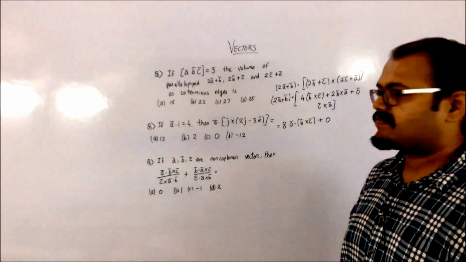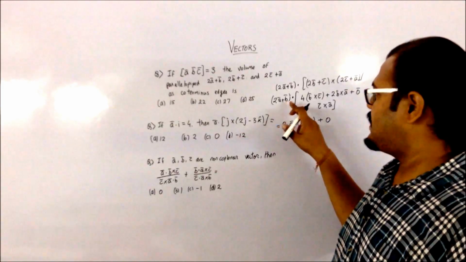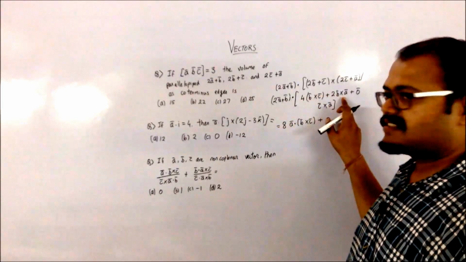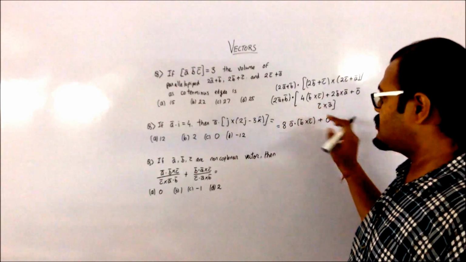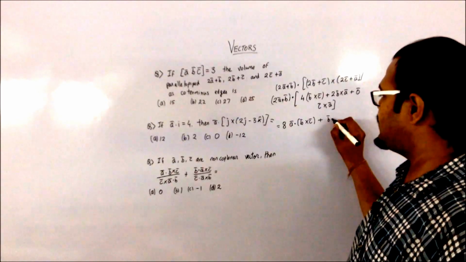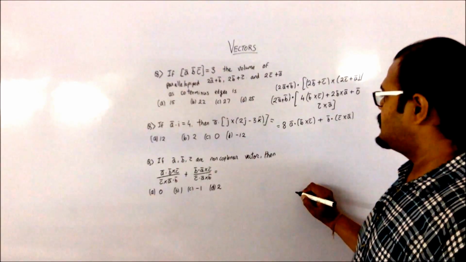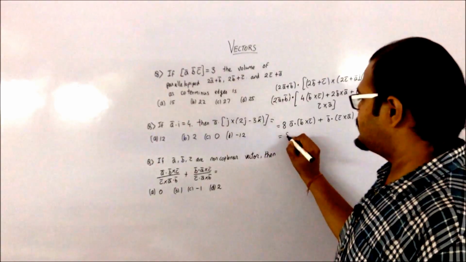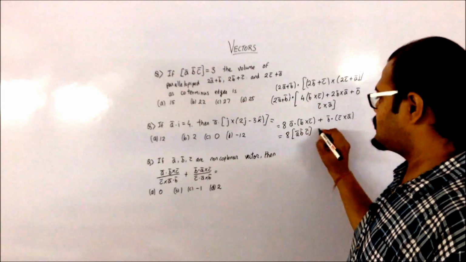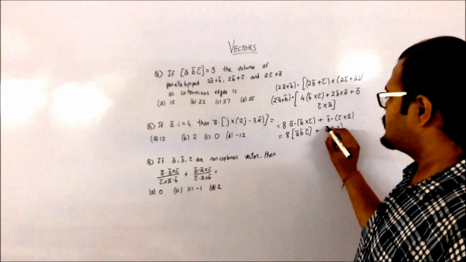Moving on to this with B as a multiplicand, I will have B dot of this, which will be 0, B dot of this again 0, and B dot of this. So there are only 2 terms to be considered, that is B dot C bar cross A bar. Now this is written as A bar B bar C bar, which is the box product of this, plus B bar C bar A bar.